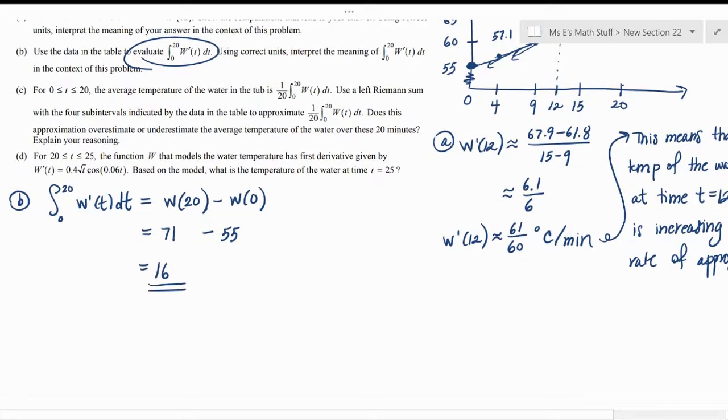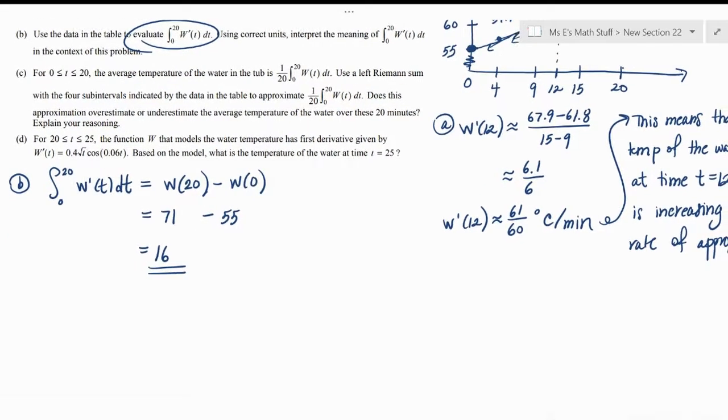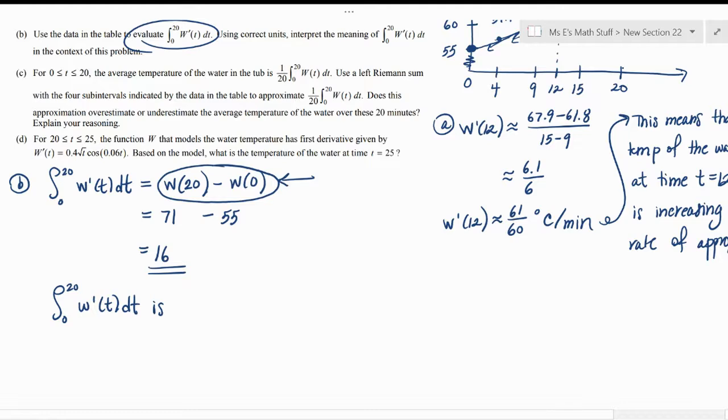Okay, so we got the 16 there, but now let's interpret it in context of the problem. So the integral from 0 to 20 of W prime of t dt is, and I do a very literal translation of things like this. I don't really add much warmth to it.